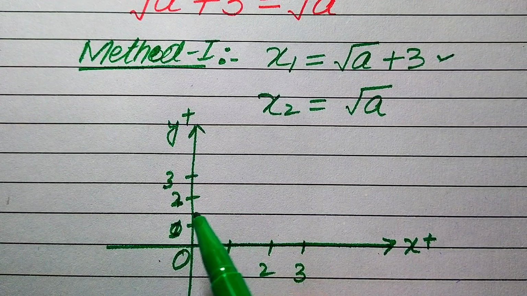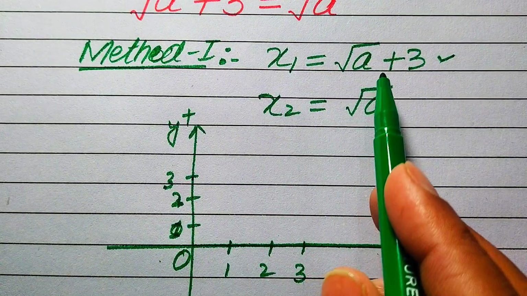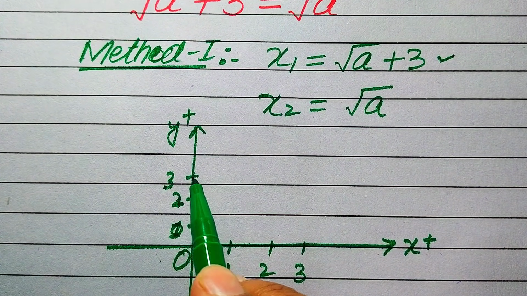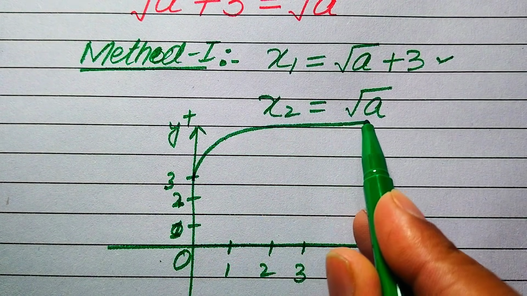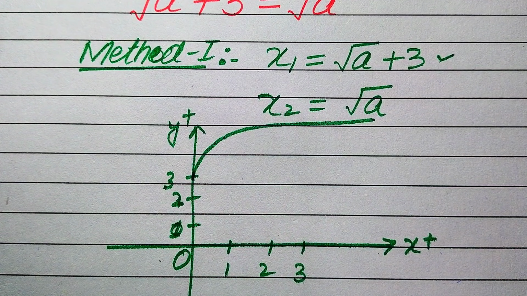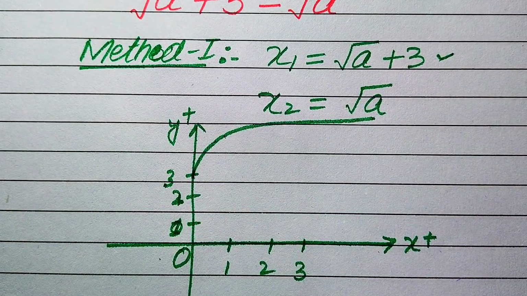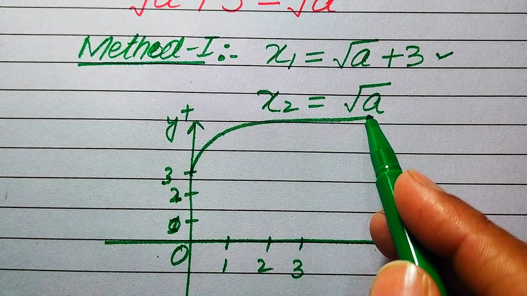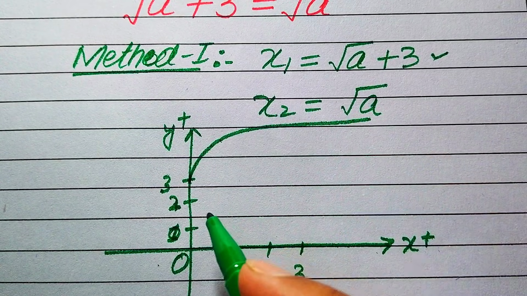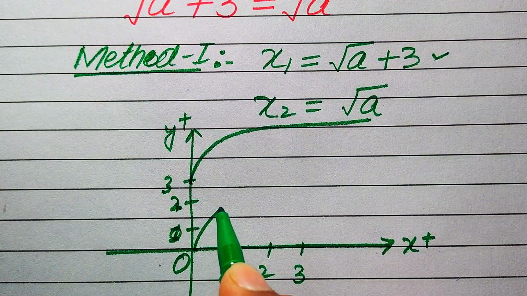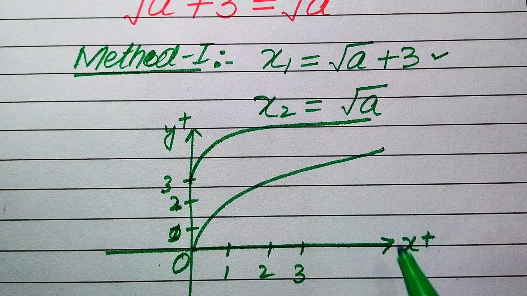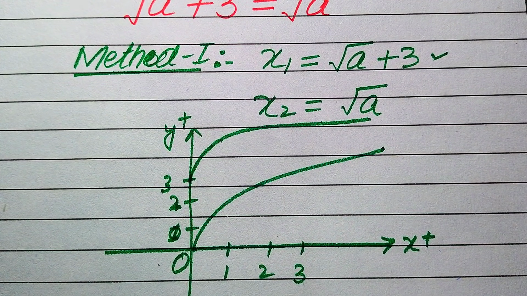The graph of square root of a plus 3 starts from 3 units away from the origin. Similarly, the graph of square root of a starts from the origin and moves upward, but remember that the upper graph is always 3 units above the lower one.